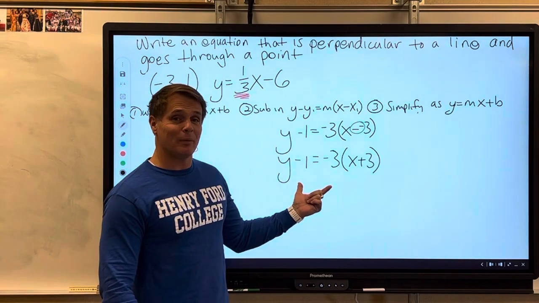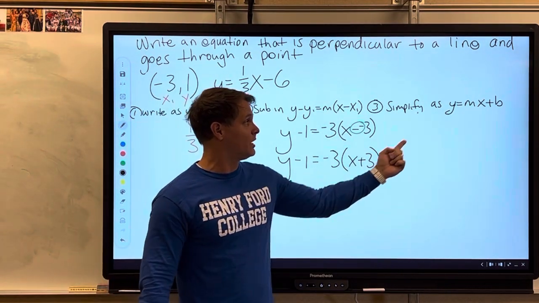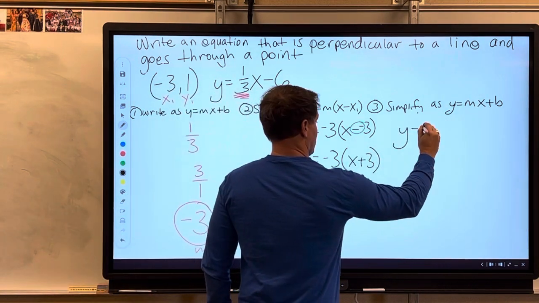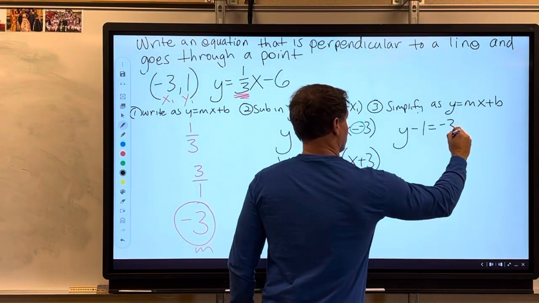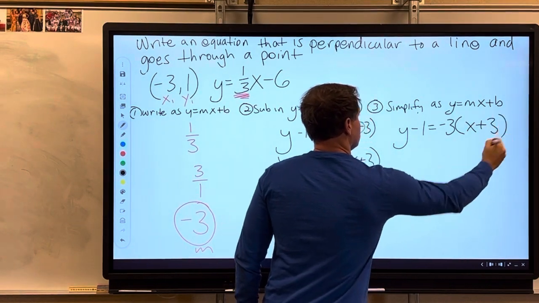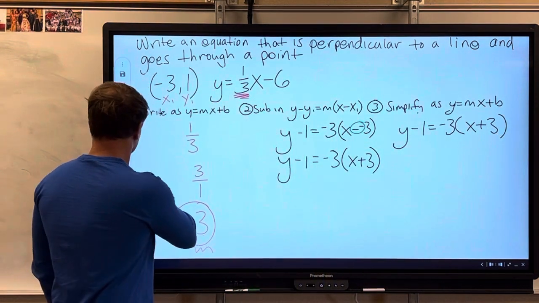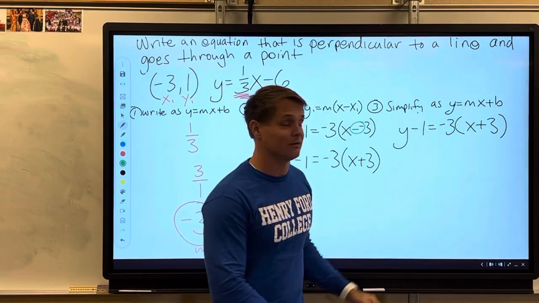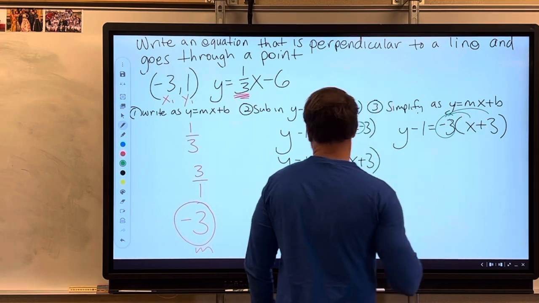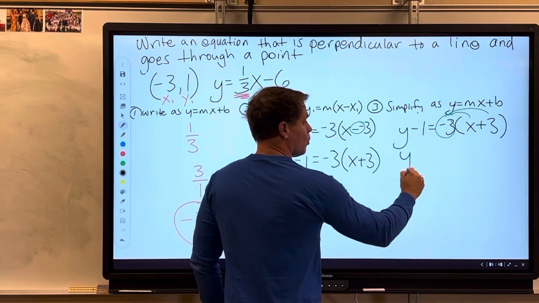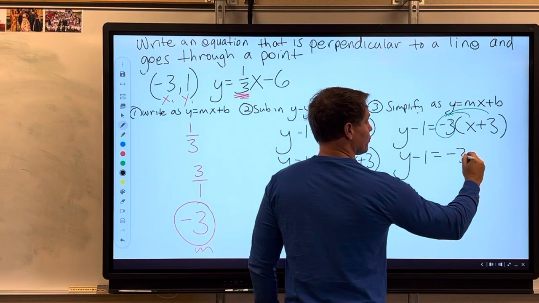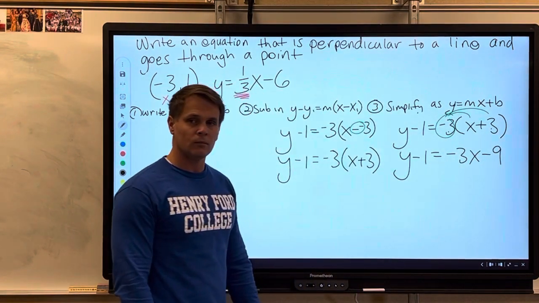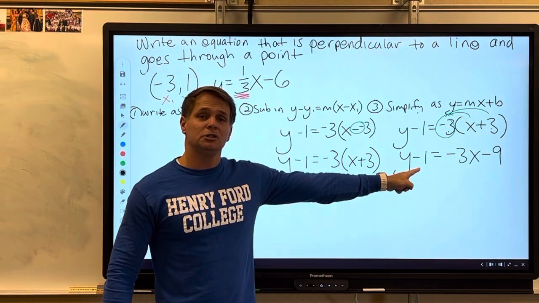Now the last step is for me to simplify this and write it as y = mx + b. So y minus 1 equals negative 3 (x plus 3). The first thing I'm going to do is the distributive property. I'm going to multiply x and positive 3 times negative 3. So y minus 1 equals negative 3x. Negative 3 times positive 3 is negative 9. The last thing I'm going to do is undo this negative 1.